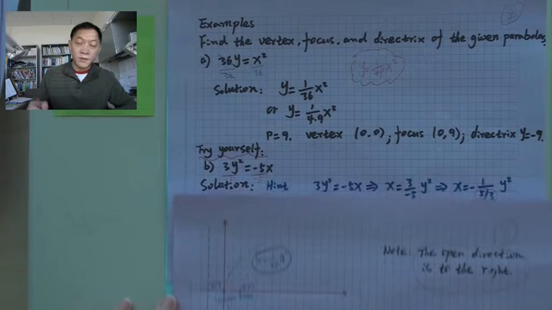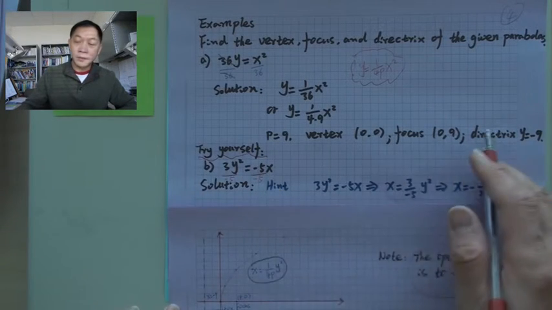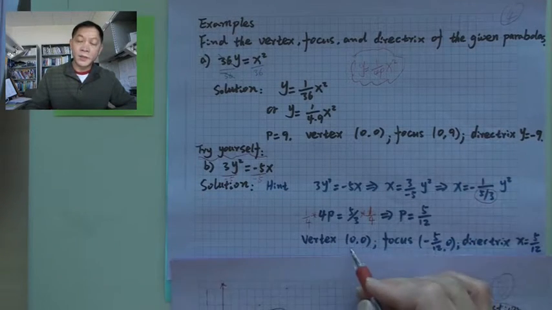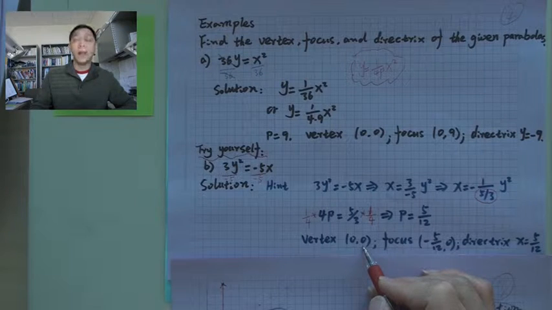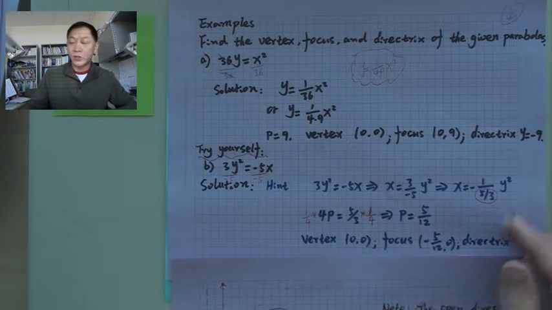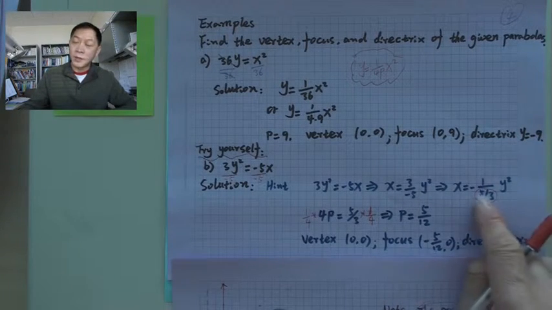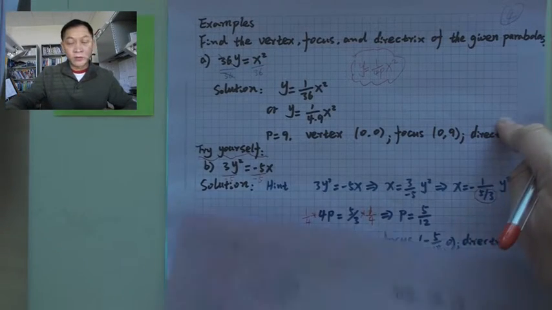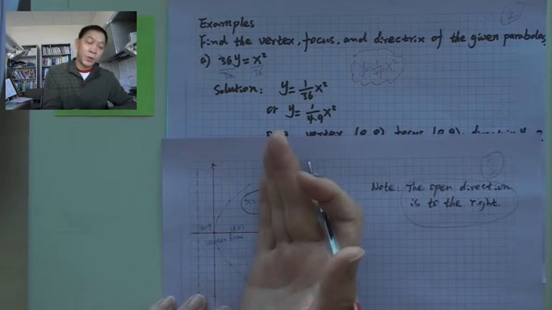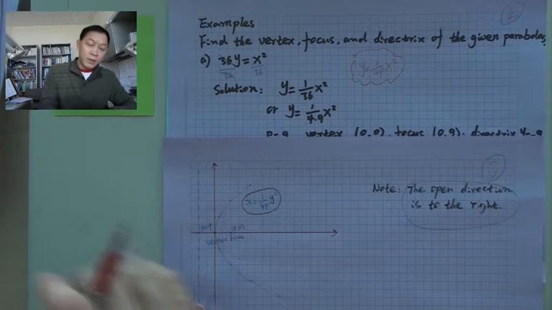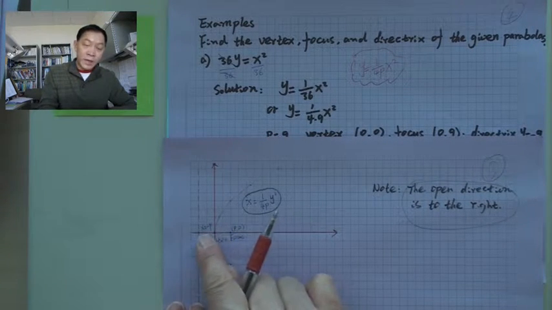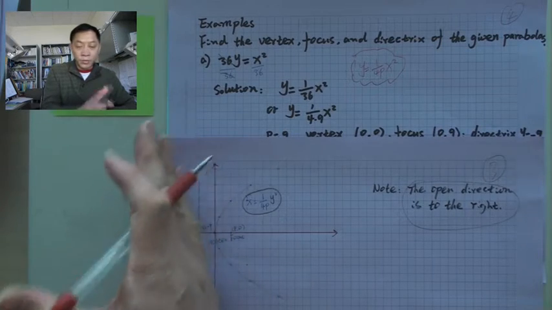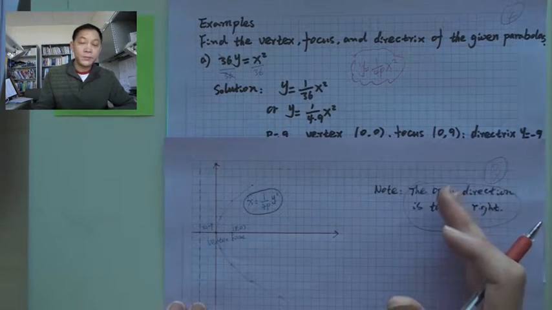So in this case, the vertex is easy to tell: 0, 0. But the focus in this case is different because here there is a negative. If there is a negative, the open direction will be to the left. Then the focus should also be to the left, and the directrix should be on the right.